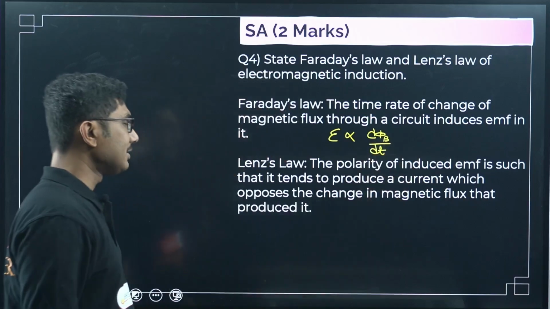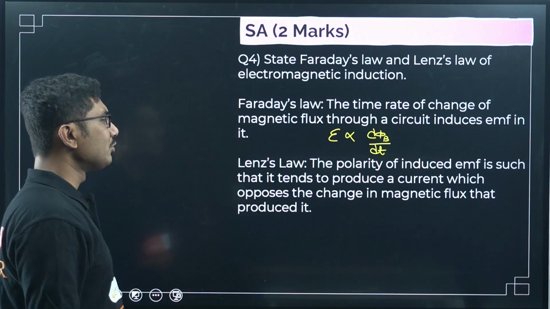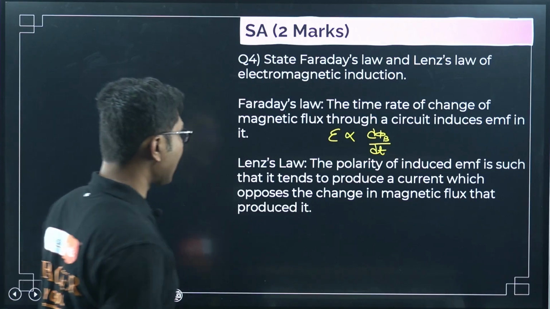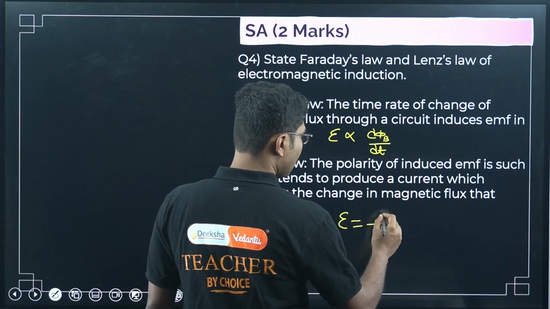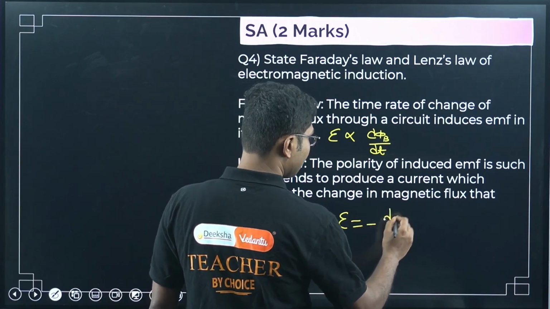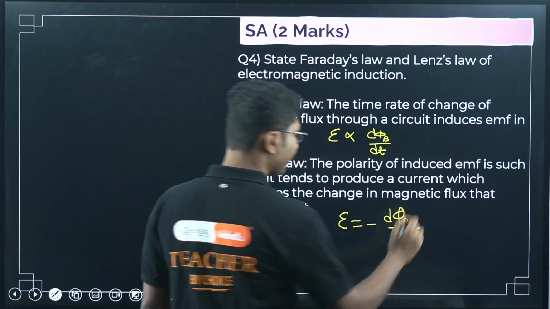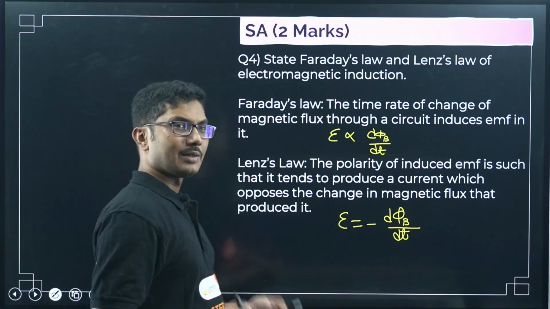And Lenz's law states that the polarity of induced EMF is such that it tends to produce a current which opposes the change in the flux that produces it. So from Lenz's law we write a negative sign for opposition. If magnetic flux is decreasing, it will try to increase it. If the magnetic flux is increasing, it will try to decrease it. That is the property.